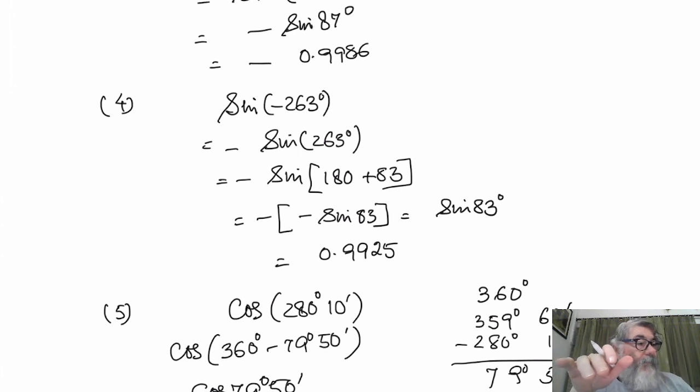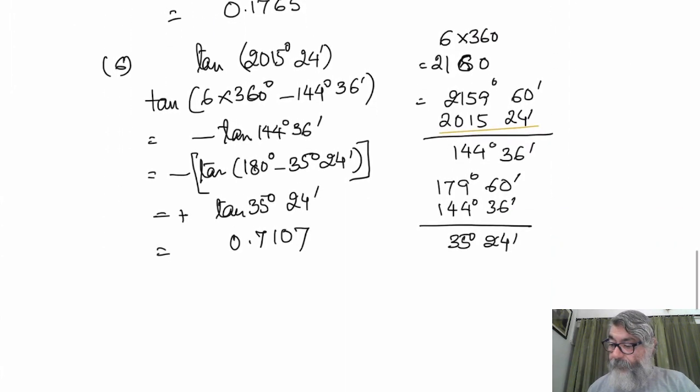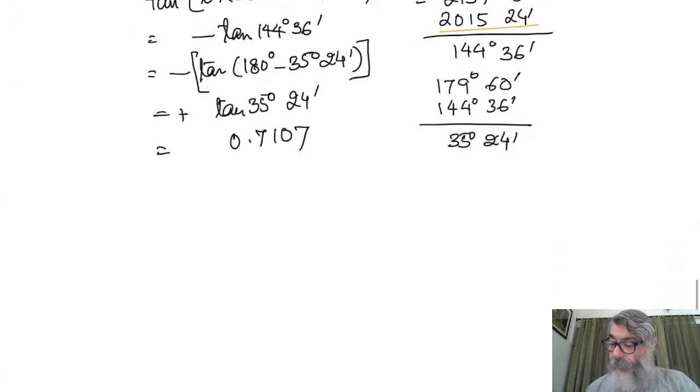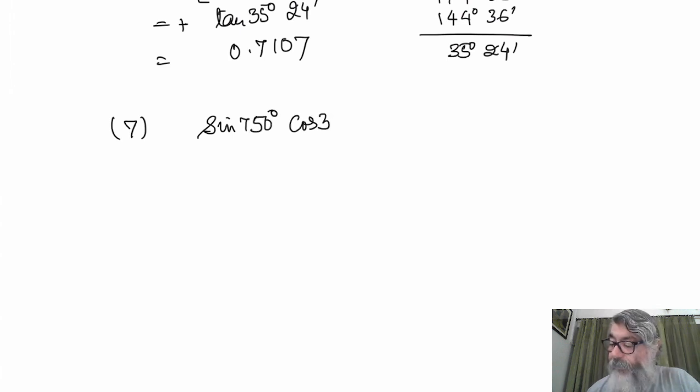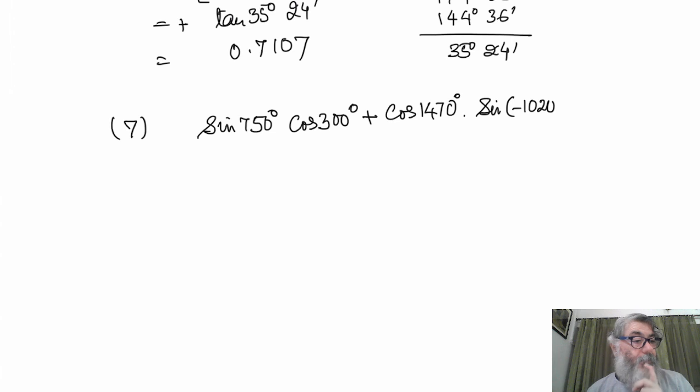Now let's see one more question. For example, it says simplify sine 750 degree, cos 300 degree, plus cos 1470 degree and sine minus 1020 degree.